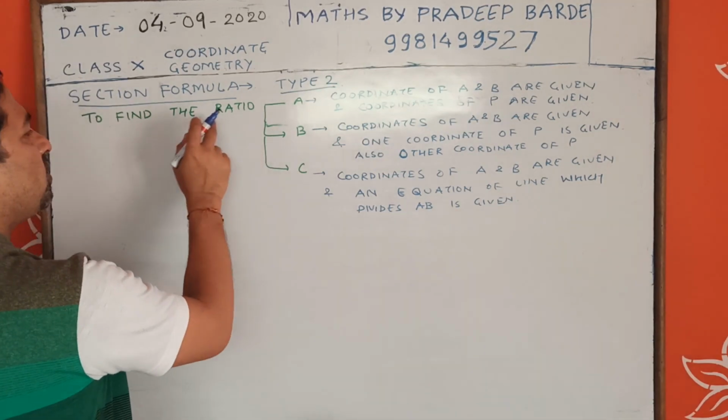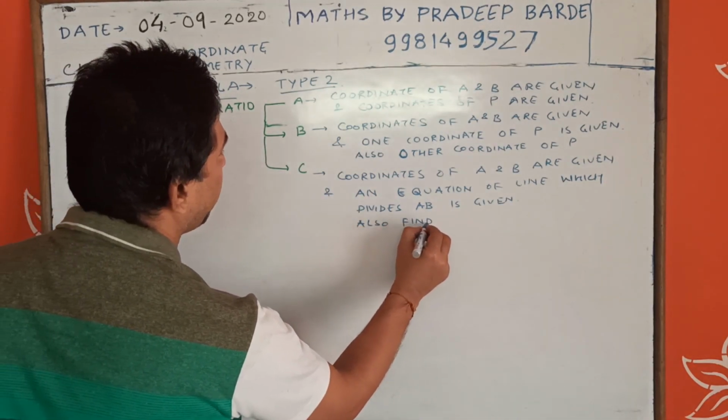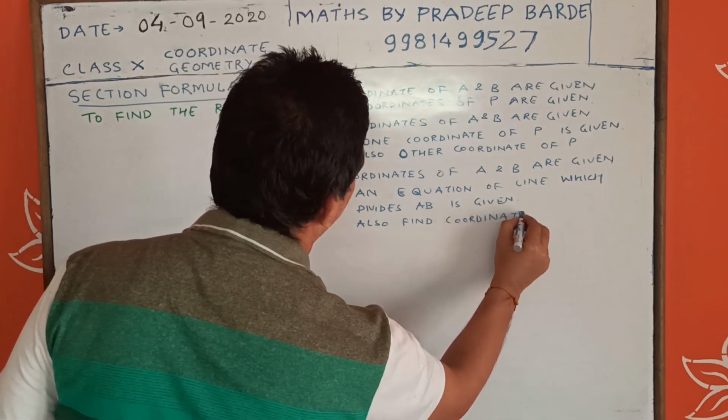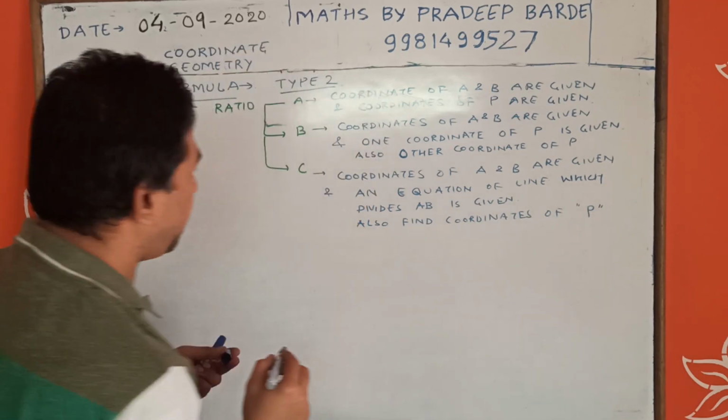Again we have to find out the ratio. Also find the coordinates of P, which is the point of division.